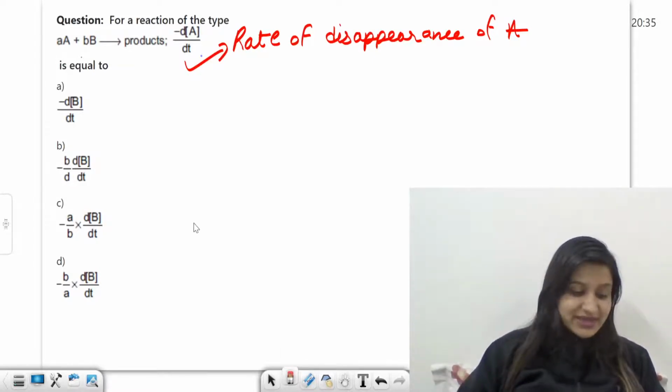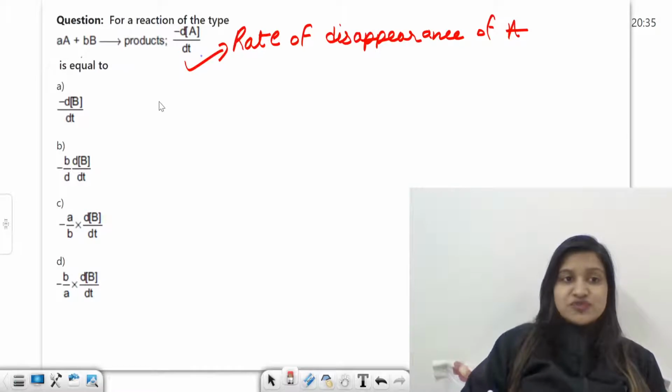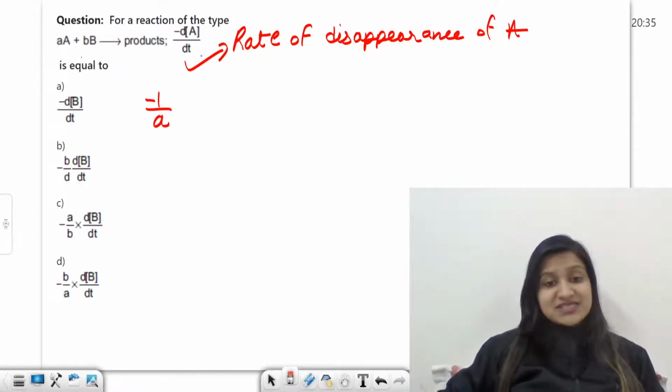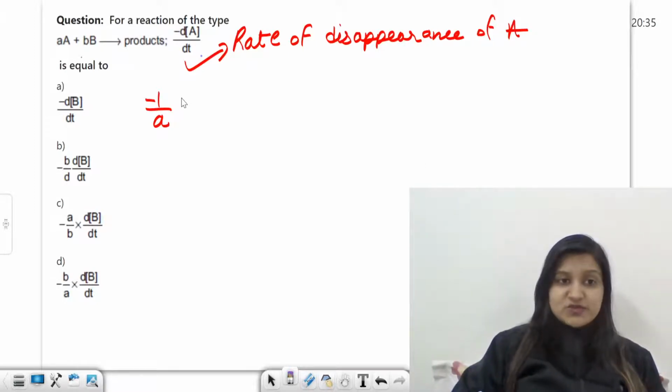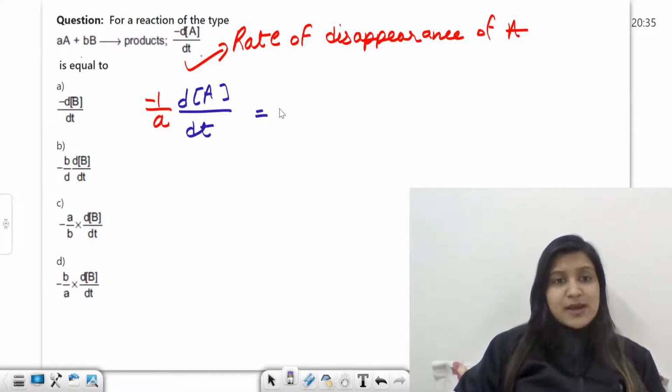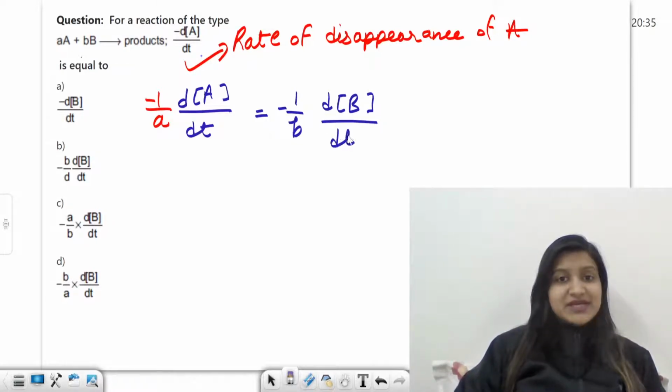Let's write the expression which will be equal to minus 1 by a. Now we are writing the rate expression. Now this will be minus 1 by a dA by dt will be equal to minus 1 by b dB by dt, right? So from here, what can we say?